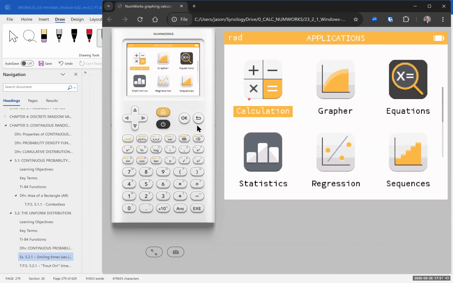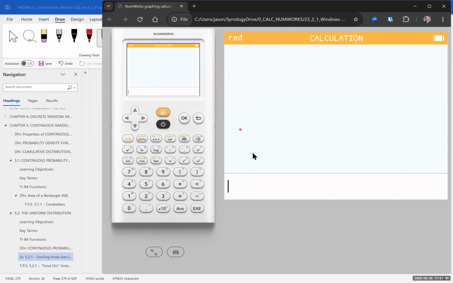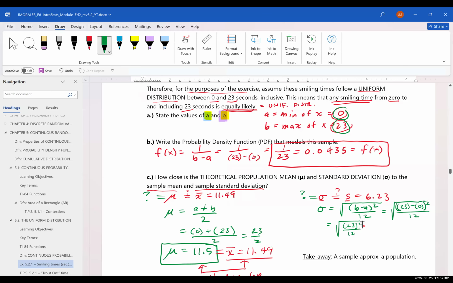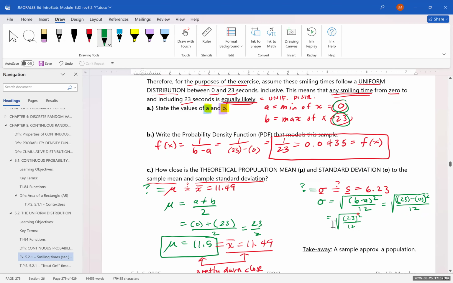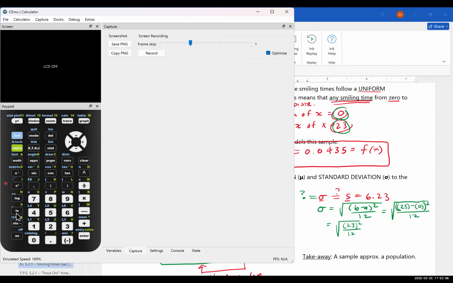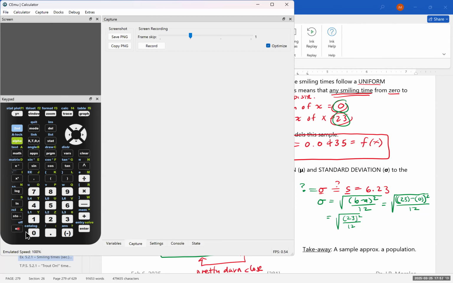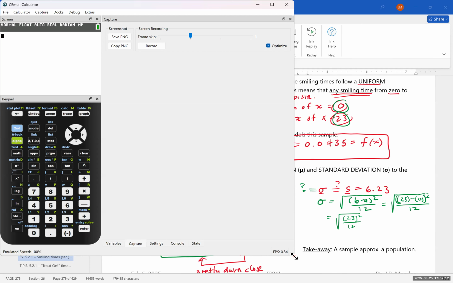So NumWorks, we'll do that first. We'll use the calculation app. So we want to take the square root of 23 squared divided by 12. I think what we're seeing here looks like what we're trying to do here. And let's see if I can make that a little bit bigger.